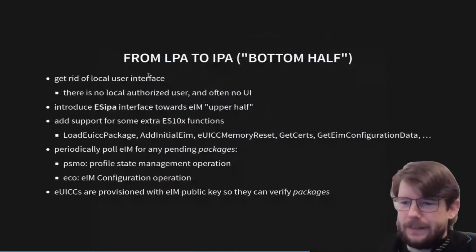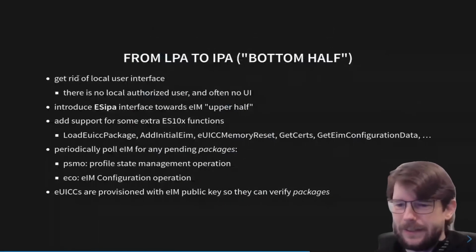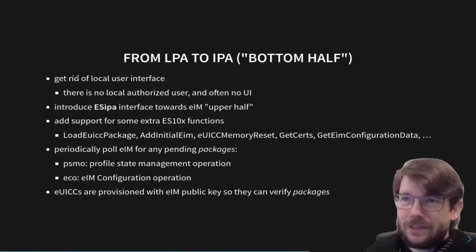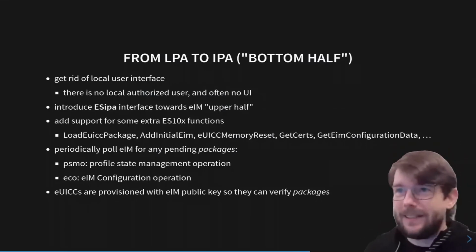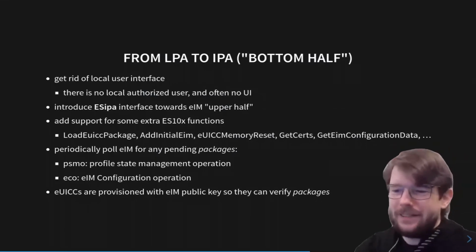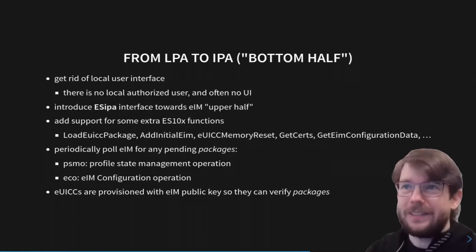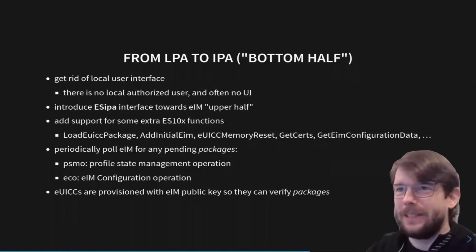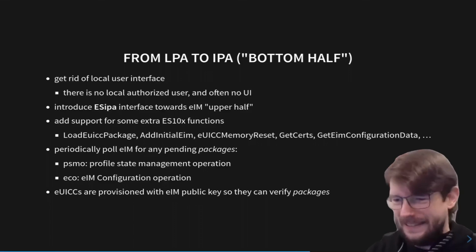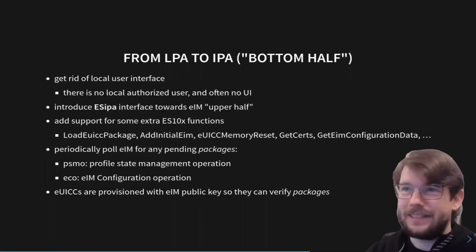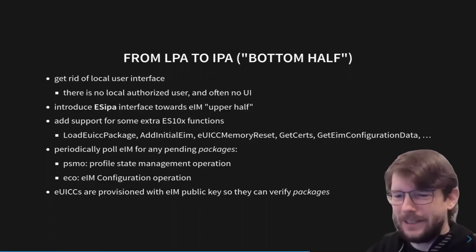So yeah, what has happened to get us from LPA to IPA in the device? We get rid of the local user interface because most often there is no local user. Even if there is one, let's say it's a Coke machine, there is a user interface, but clearly the person buying a Coke should not be defining what kind of cellular connectivity that Coke machine has.